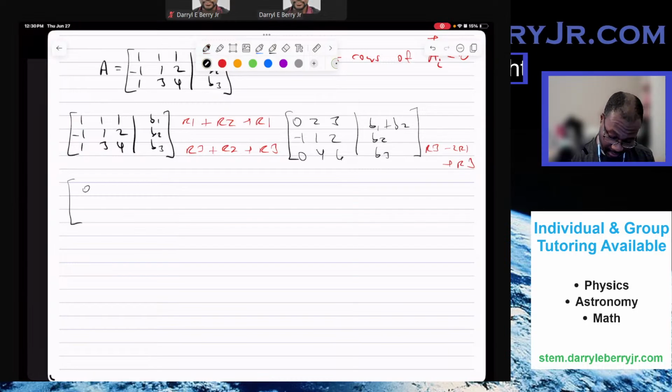So that'll be 0, 2, 3, negative 1, 1, 2, and minus 2R1, 0, 0, 0, and B1 plus B2, B2. So B3 minus 2B1 minus 2B2.